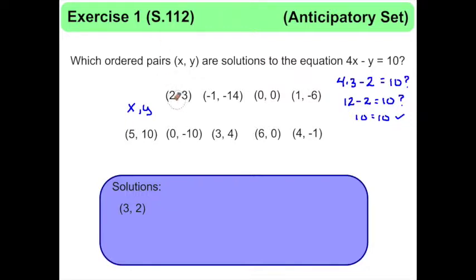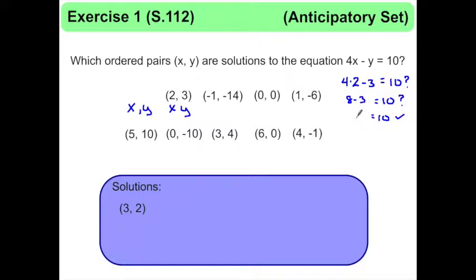Perhaps the one that says 2 comma 3. So if we erase this part here and go back in, let's say this is x and this is y. And so this time we say 4 times 2 minus 3. 4 times 2 is 8. We subtract 3.